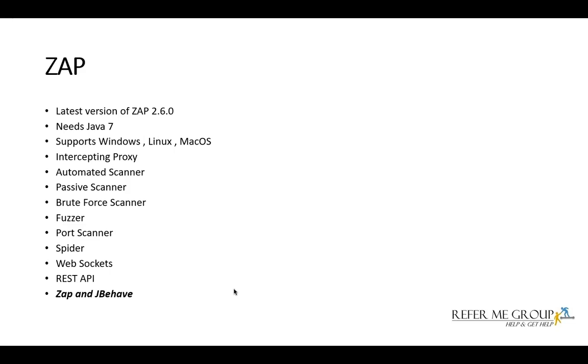You can perform many operations like intercepting proxy, automated scanner, passive scanners, brute force, spiders, and then ZAP and JBehave is one of the interesting features. That's why I have bolded it.